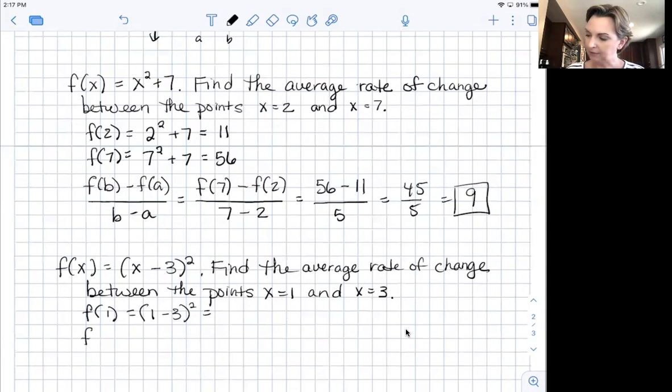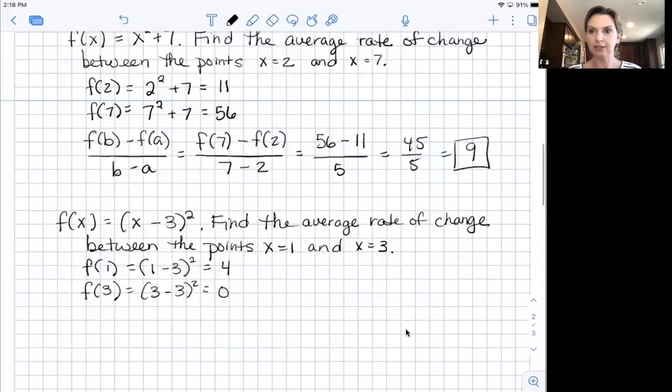And the value of that function at 3, figure that out. Okay, so that'd be -2 squared. And 0 squared. And then you're ready to plug into your average rate of change equation.